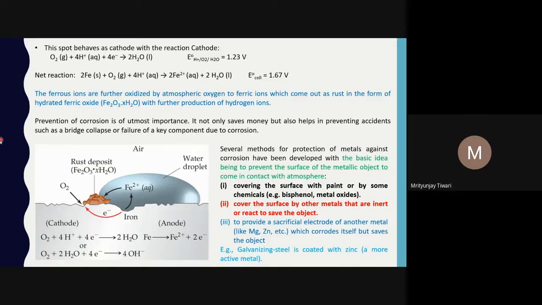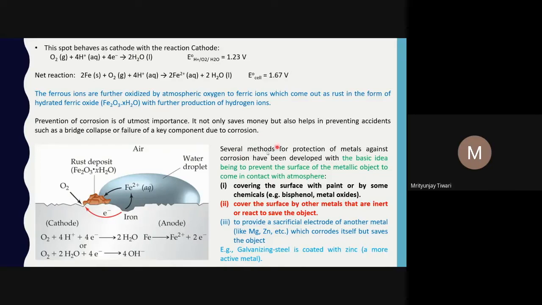As we know, prevention of corrosion is of utmost importance. It not only saves money but also helps in preventing accidents such as bridge collapses or failure of a key component due to corrosion.